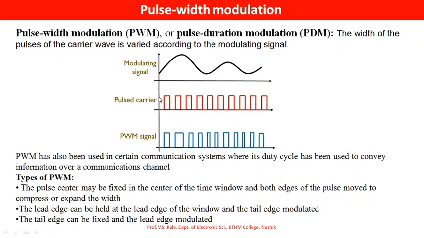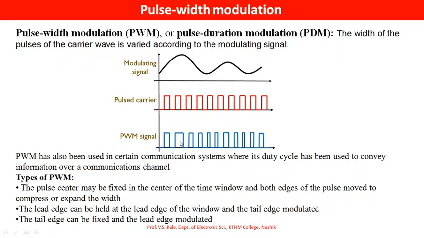Now first see the figure. In that, the first is the modulating signal, amplitude varying signal. Second is the pulsed carrier. Now the third one is the PWM signal.